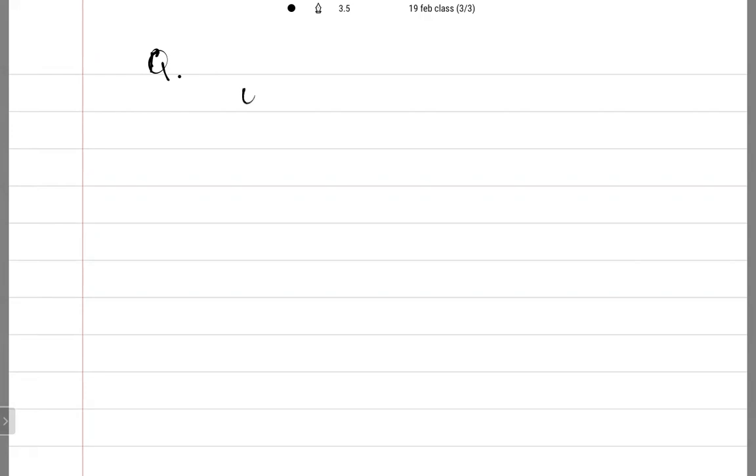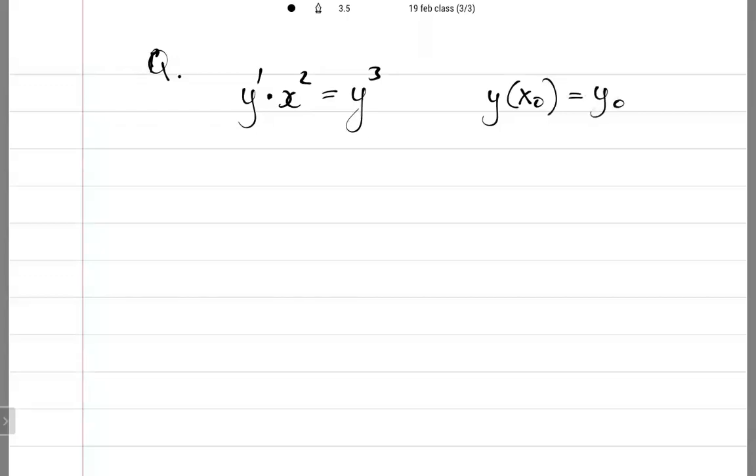Imagine you have an equation like that, y prime multiplied by x squared is equal to y cubed. And the behavior depends on the starting condition, and you have some starting condition y of x0 is equal to y0. So this is the initial condition.